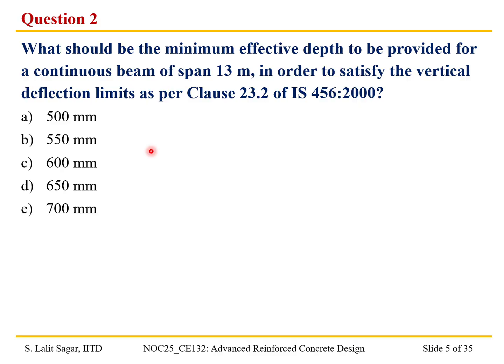So as per clause 23.2, there's a certain ratio that needs to be maintained for the beam span to the effective depth. We'll take that as the starting point, and then we are going to decide the dimensions of the beam and design the reinforcements and so on.